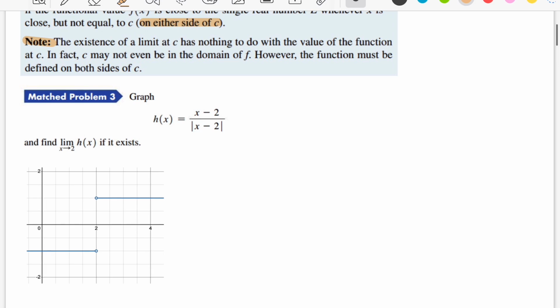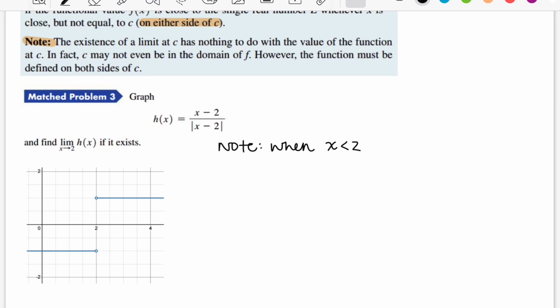So let's look at this problem here. So we are given the graph of h of x, this function here, and we want to find the limit of this function as x approaches 2. So something to note here, we have our absolute value function.